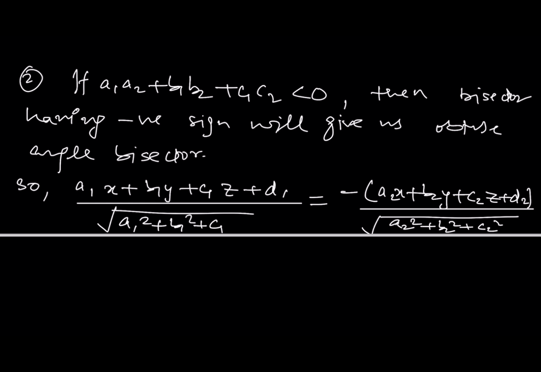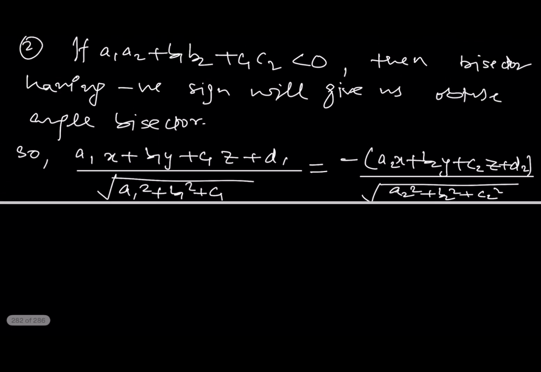If the sign is negative, then the bisector with negative sign will give us the obtuse angle bisector, and if A1A2 plus B1B2 plus C1C2 is greater than 0, then the bisector with positive sign will give us the obtuse angle bisector. And the other one will give us the acute angle bisector, right? So it is as simple as that.